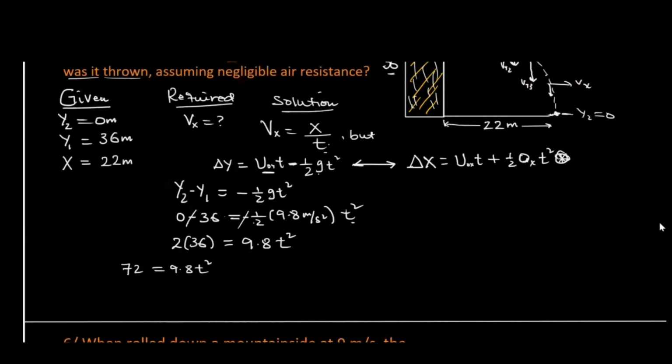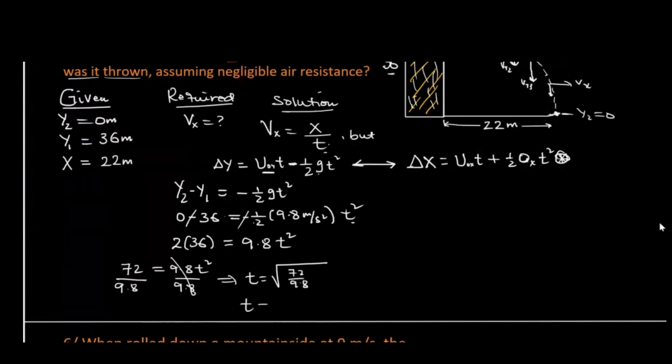Now divide both sides by 9.8. 9.8 divided by 9.8 cancels, and this gives me t equals the square root of 72 over 9.8.